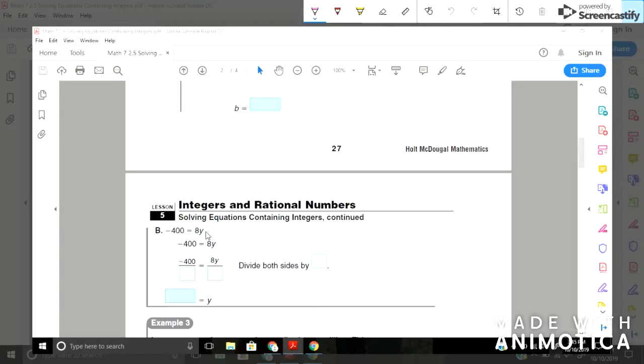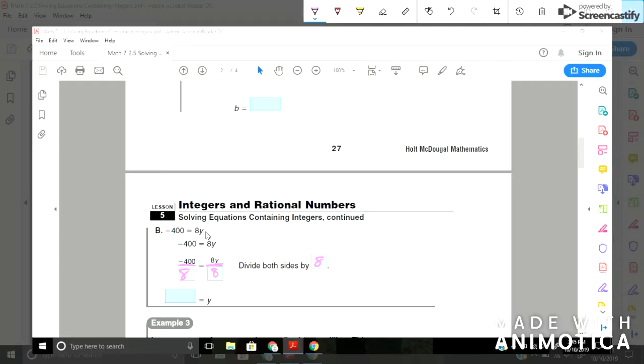So to undo that, I would divide by 8. And whatever I do on one side, I need to do on the other. So divide by 8 here. It looks like a fraction, but again, you can write that division bar, and that means divide by 8. And I'll do that on both sides. I'll include that in my box here.